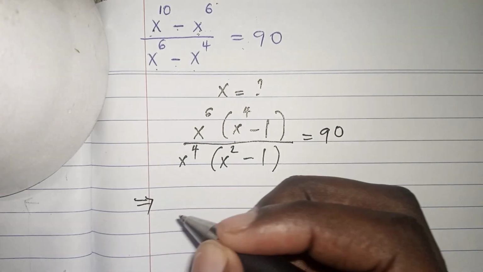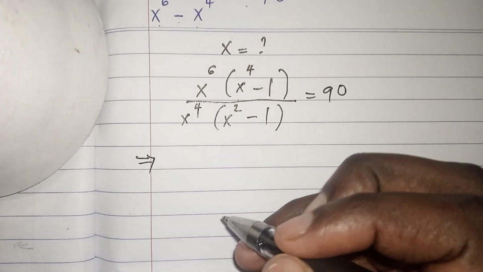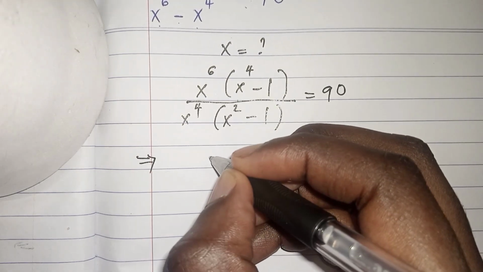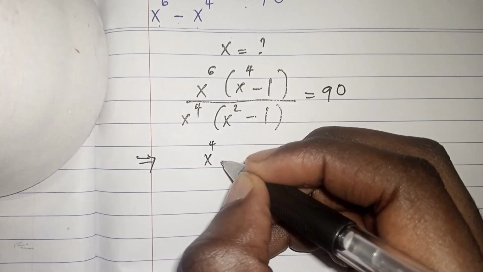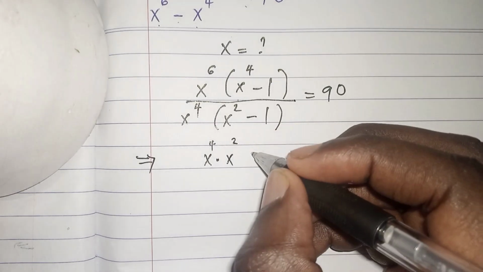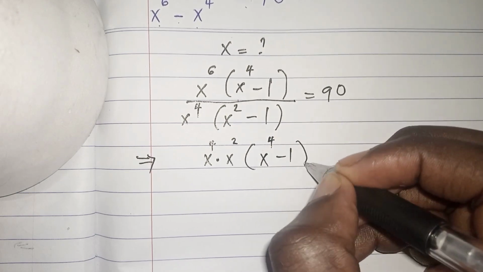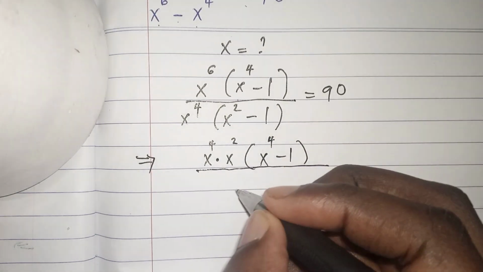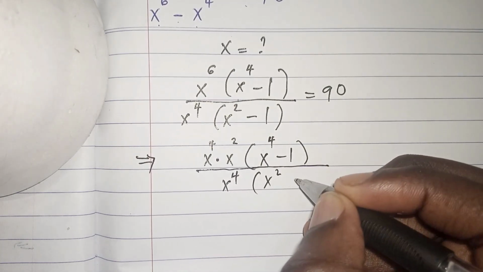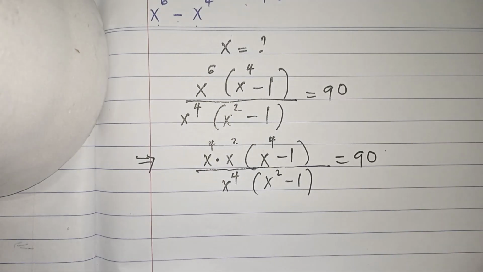So our next step, we have x to the power of 6. We can simplify it according to one law of indices. So we can write it as x to the power of 4 times x to the power of 2, right? Into bracket x to the power of 4 minus 1 bracket, over x to the power of 4 into bracket x squared minus 1, is equal to 90.